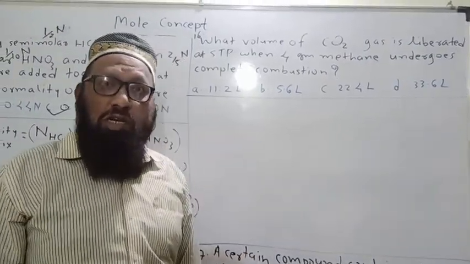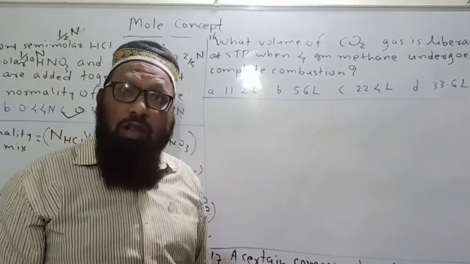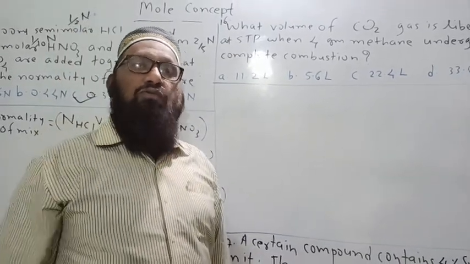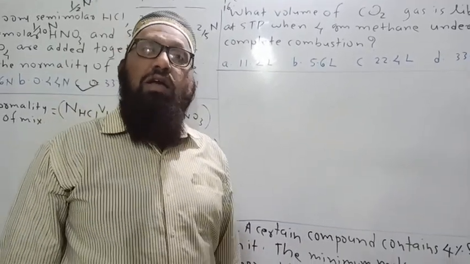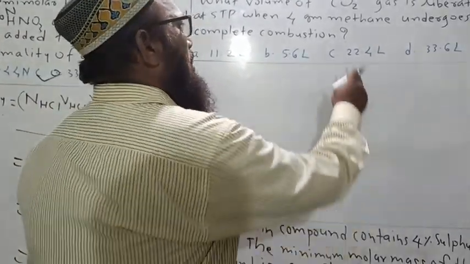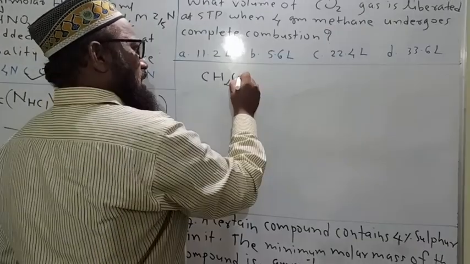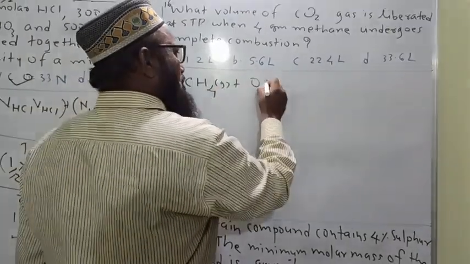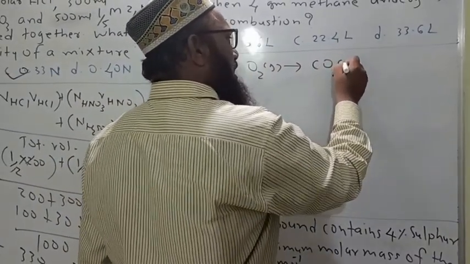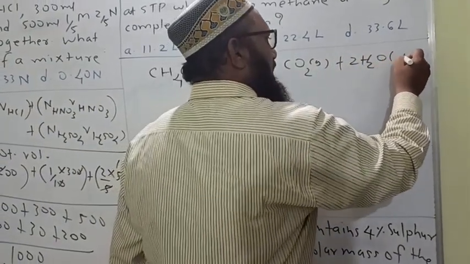Enthalpy of combustion is defined as the amount of heat evolved, that is the enthalpy change when 1 mole of substance is burnt in excess of air, in excess of oxygen. Methane CH4, let us take here 1 mole, gaseous state, oxygen gaseous state, 1 carbon, we get here 1 CO2 gaseous state, 2 hydrogen, we get here twice H2O liquid state.